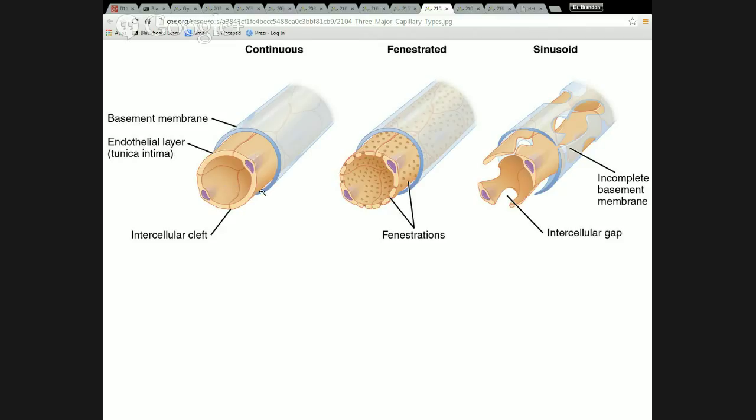All of that requires a lot of energy to transpire. We see continuous capillaries in tissues where we want to have very strict control over what gets from the blood and into the tissue. What's a good example of an organ that has that kind of privileged blood supply?